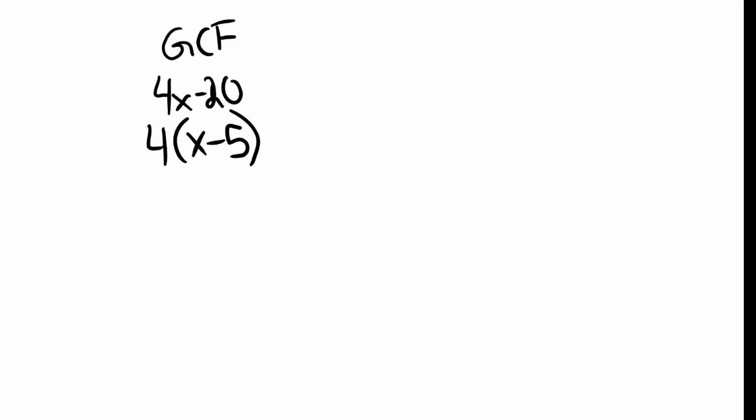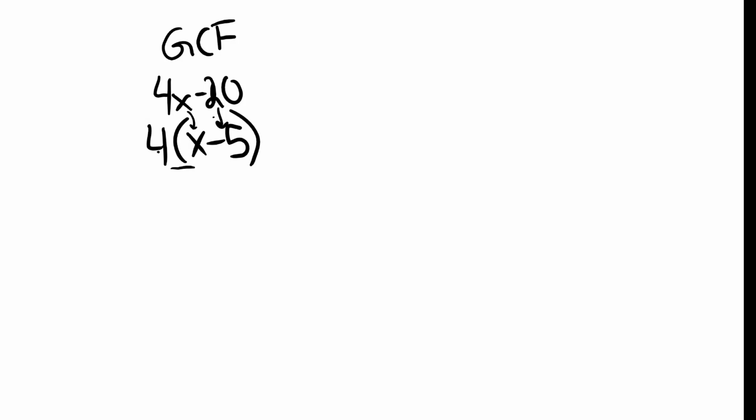And you put the remaining stuff at the end, in a parentheses. If you are struggling with figuring out what goes inside the parentheses, all you do is say, okay, 4 goes into both of these, you put a 4 on the outside. You start your parenthesis, and then what you put inside is just 4x divided by 4, which is x, and negative 20 divided by 4, which is negative 5. And that gets us there.